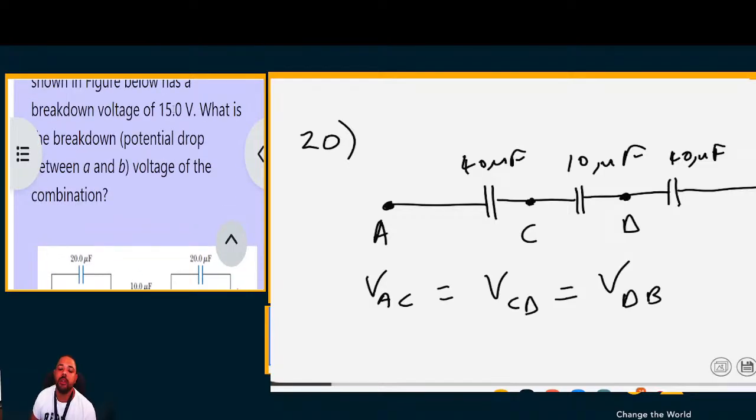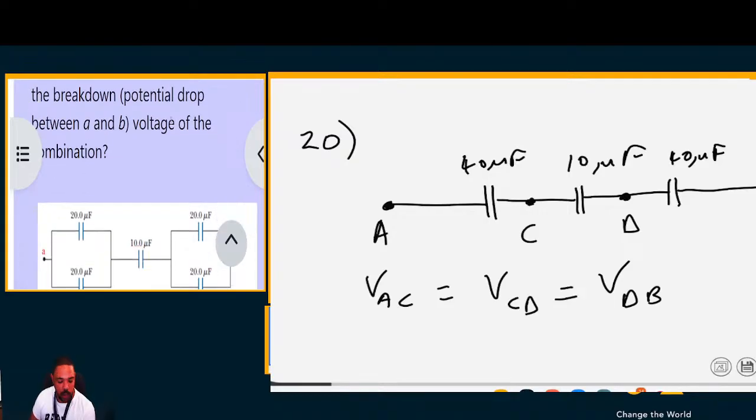Each capacitor in the combination as shown has a breakdown voltage of 15 volts. Okay, so we have 15 volts across all of them, or rather the charge in them is the same. What is charge again?